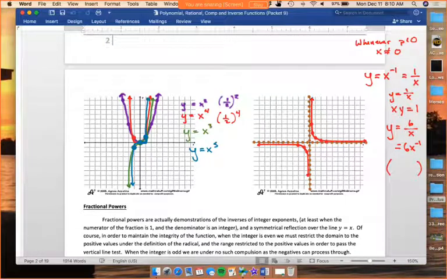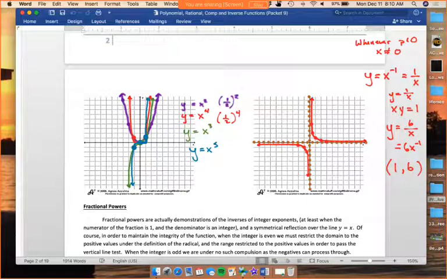Okay, who could give me a point that would be on y equals 6 times x to the negative 1? One, 6 would be one.